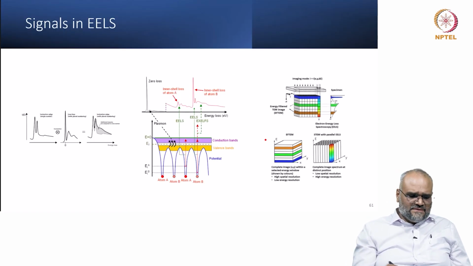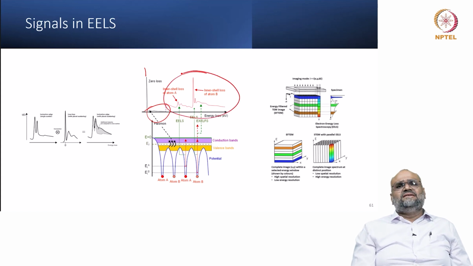I have the zero loss peak, and then I have what is called the core loss spectra. And when you look at the ionization edges, this is what consists of the information that you get from the bonding or the valency from different elements.